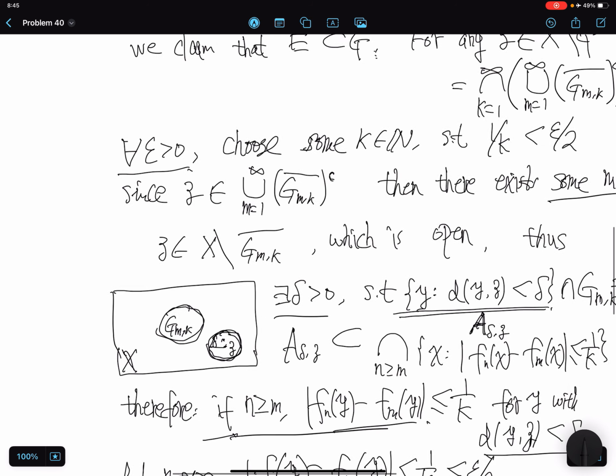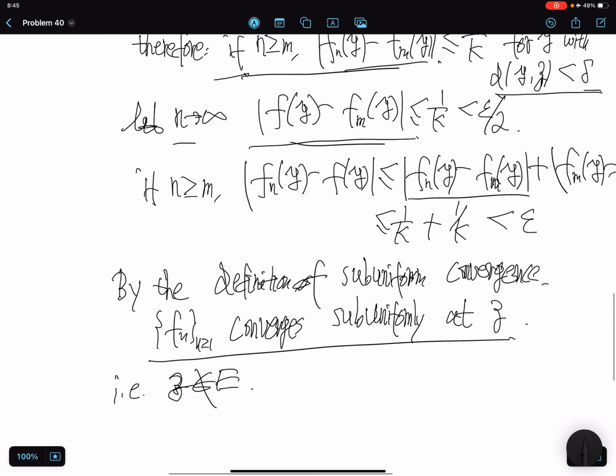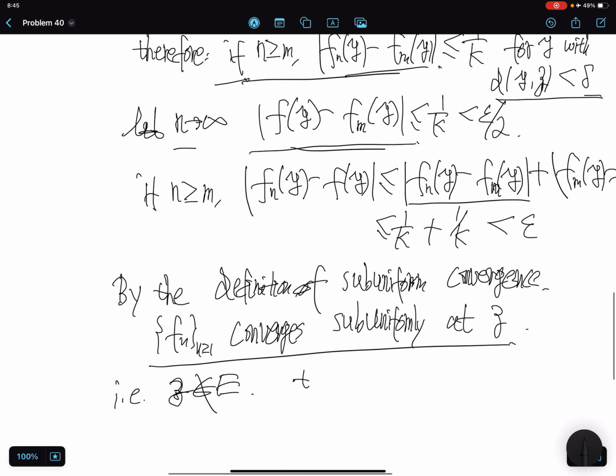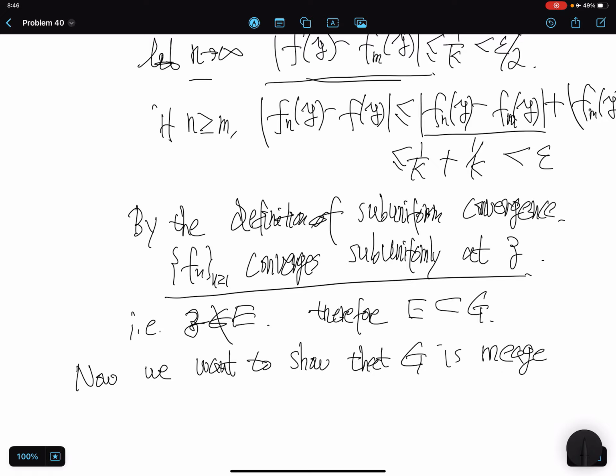So from z is not in G, we conclude that z is not in E. So therefore, E is a subset of G. So now we want to show that G is meager. So this is our goal. Once G is meager, E is meager. And F is a subset of E, so F is meager.